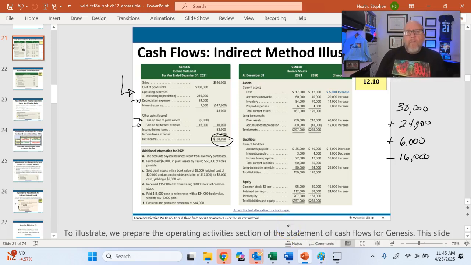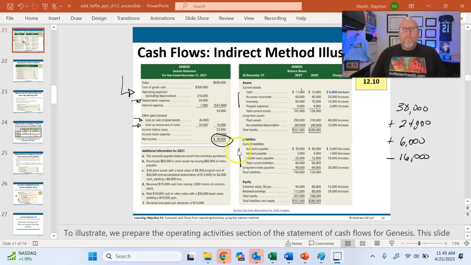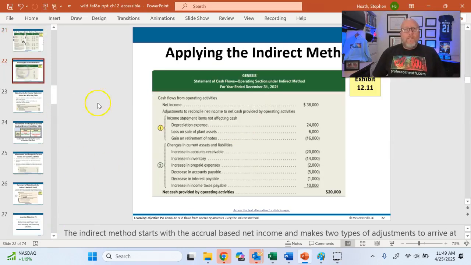Now I want to go to all of my current assets, and then I'll deal with my current liabilities. So cash I'm not worried about. Just wanted to point out, this is our cash provided from operations.